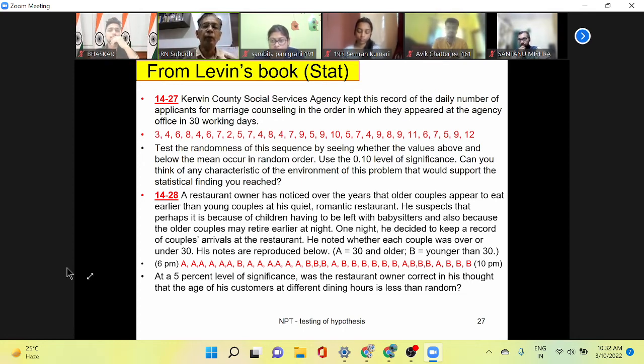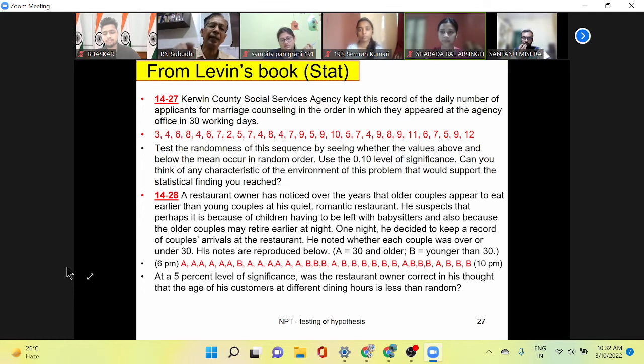When can we serve the customer better, Santanu? Only when we find there is a sequential pattern. If there is no pattern, what will happen? We cannot do anything, it is random.